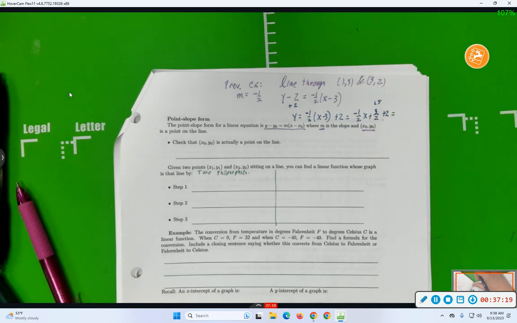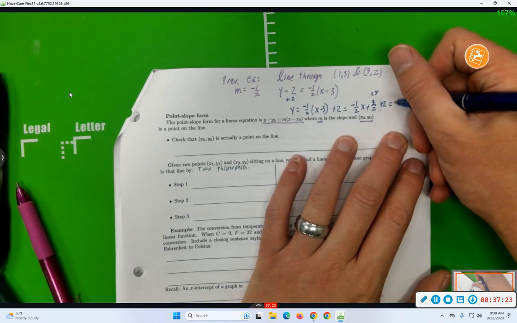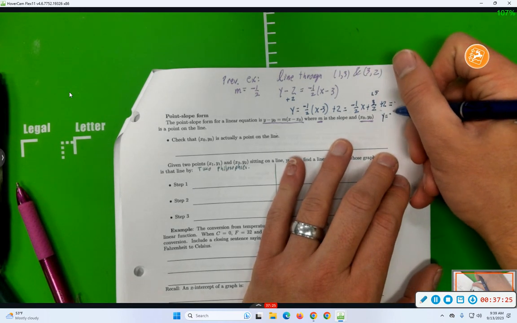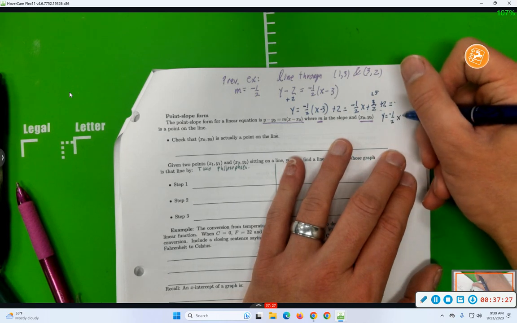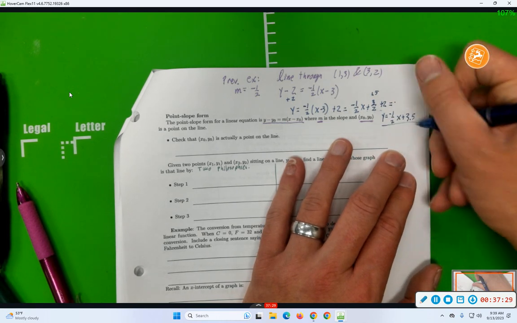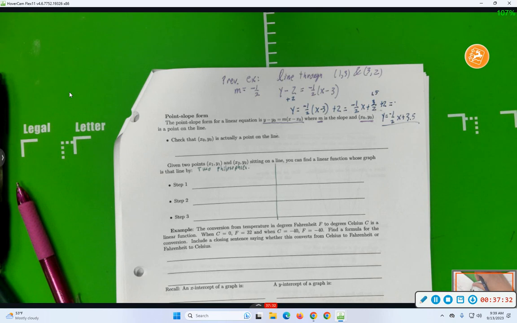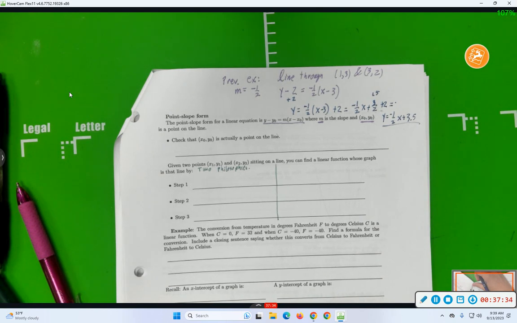Is that the same answer as we just got? Cool. We get y equals -1/2 x plus 3.5, which we already got. That feel pretty okay? Cool.